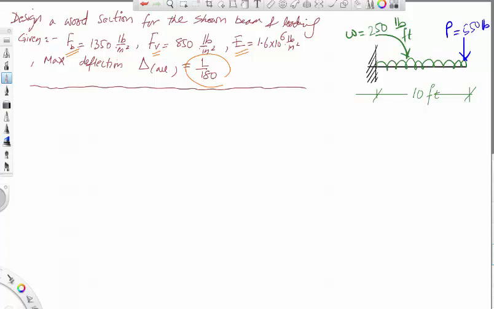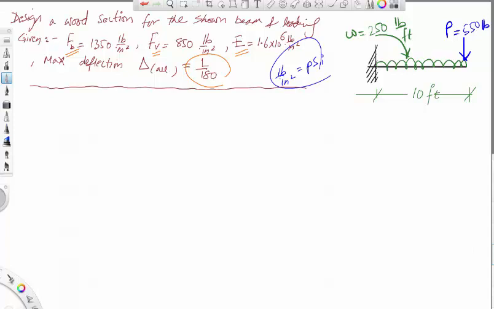It's given the maximum allowable bending stress FB equal to 1350 and maximum allowable shear stress FV is 850 pounds per square inch, and the modulus of elasticity E is equal to 1.6 multiplied by 10 to the power of 6 psi, or pounds per square inch. And by the way, psi, pound per inch square, means psi. So just in case we see psi, that is the meaning of this.